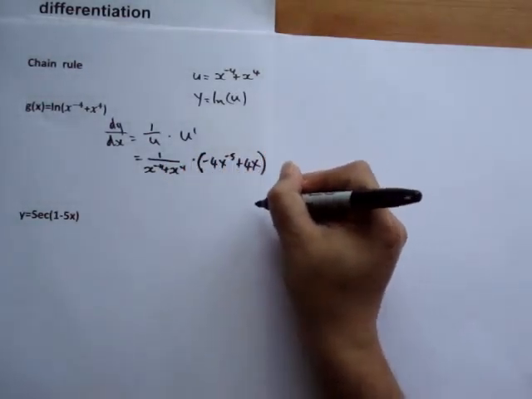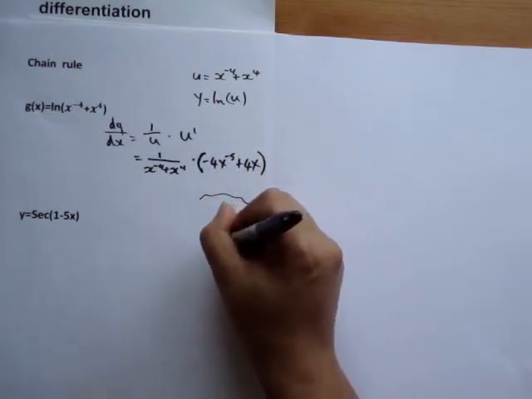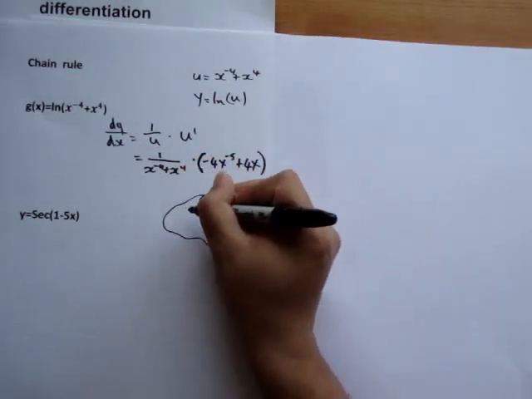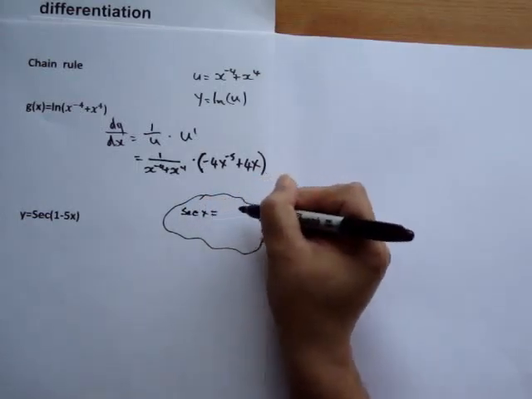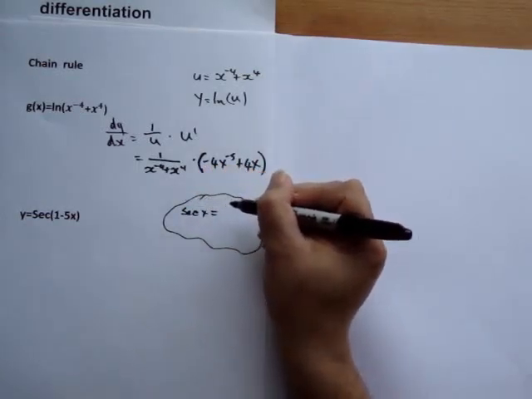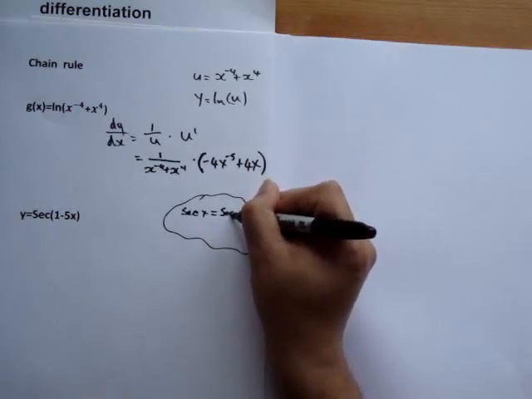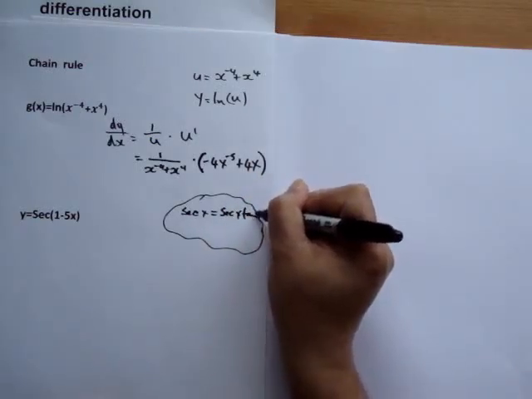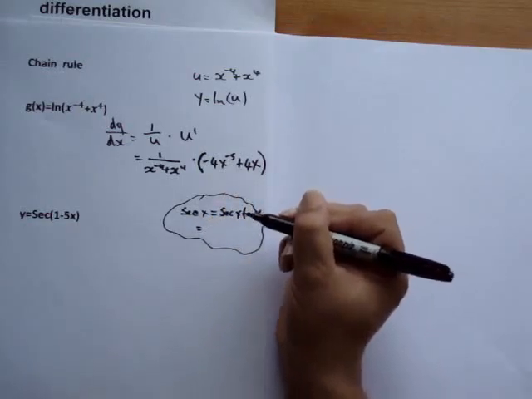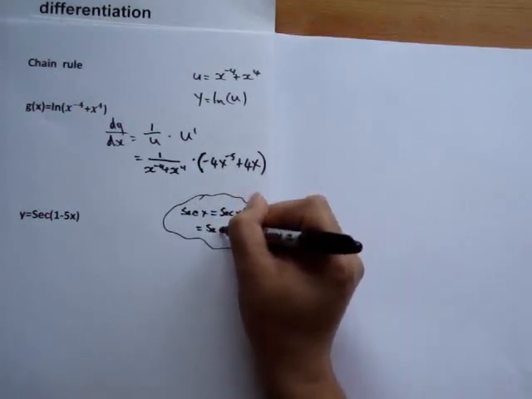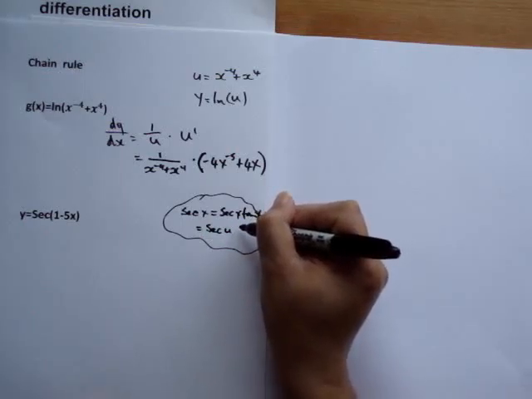Let's put this in a little bubble. When we differentiate sec x, we get sec x tan x. So similarly, when we differentiate sec u, we will get sec u tan u.